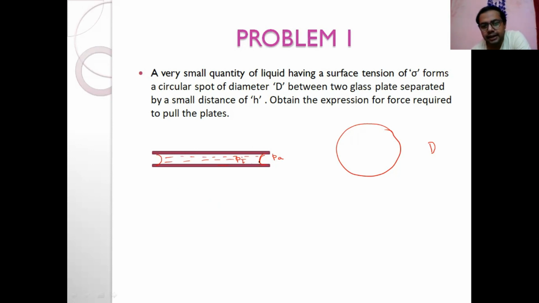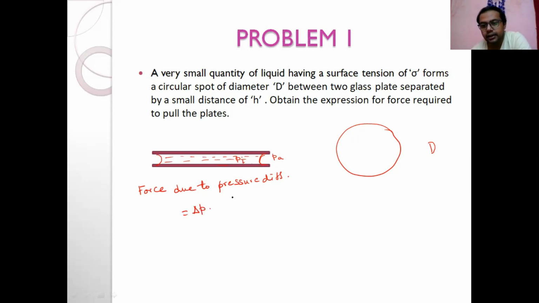So this pressure is acting in this circular portion area. Force due to the pressure difference should be equal to the force due to the surface tension. The force due to the pressure difference is acting over this peripheral area, so it is the pressure difference into area.